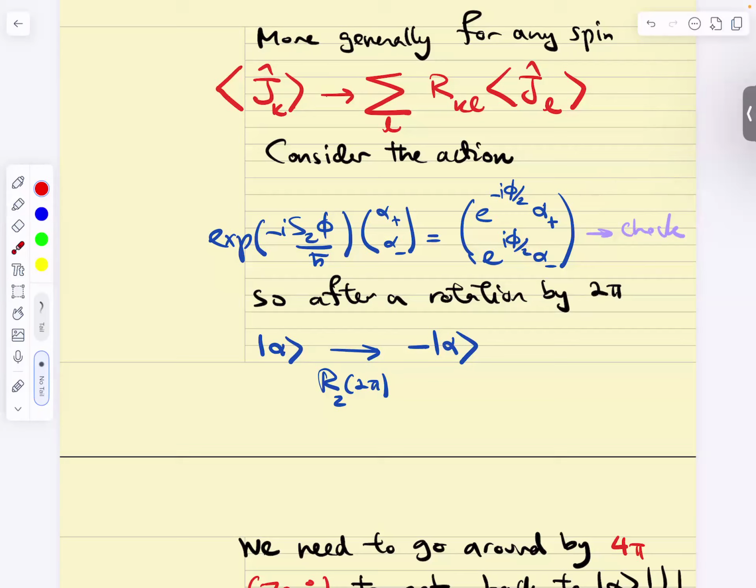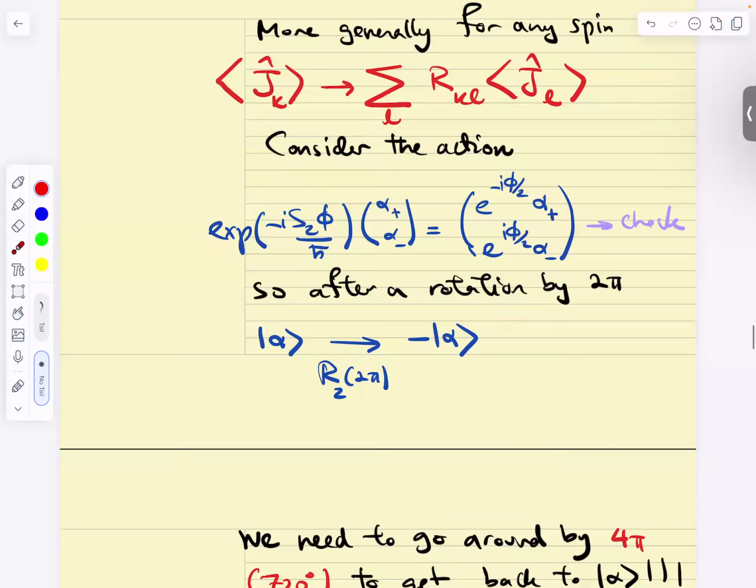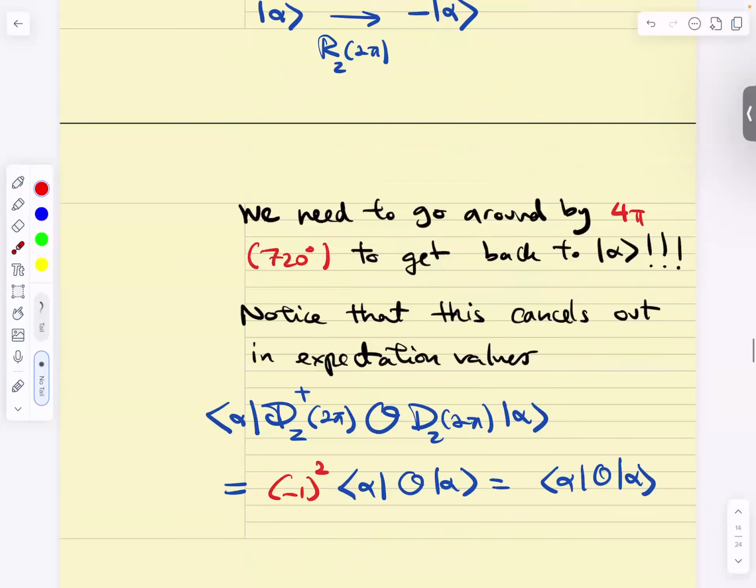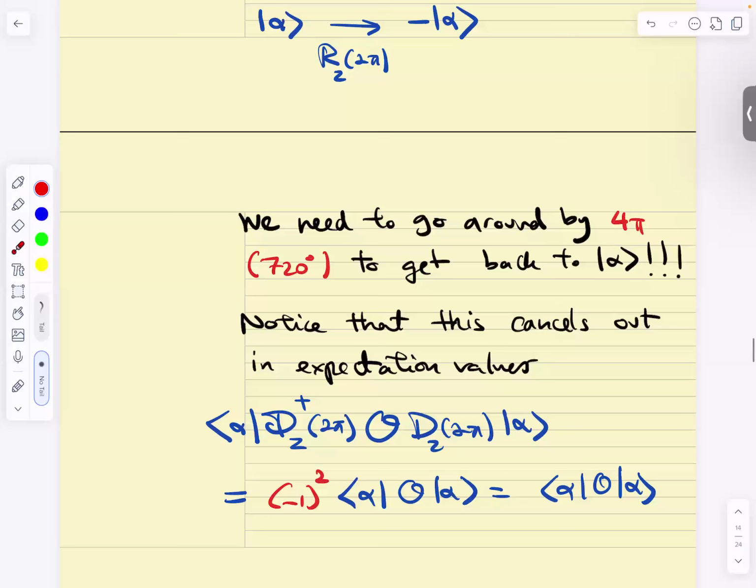It's sort of obvious from the expression I already gave you, just put phi equal to pi in there. So that means that after a rotation around the z-axis by 2 pi, a ket picks up a minus sign. Good? So if you go around by 4 pi, 720 degrees, you get back to your initial vector.